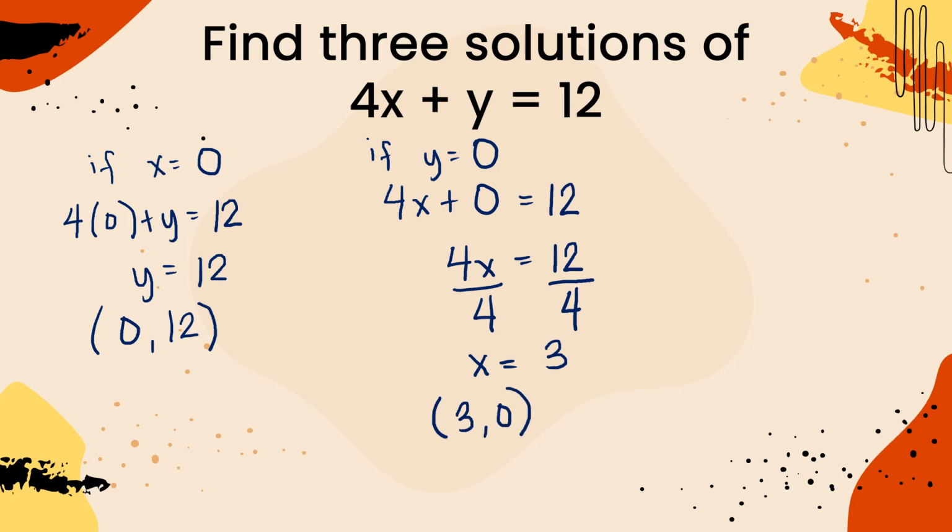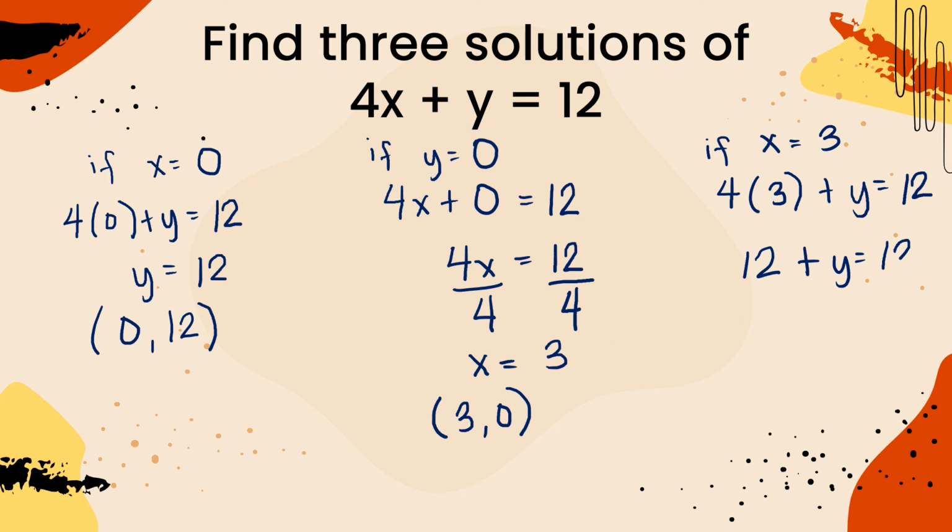Ano pa kayang value? Try natin if x is equal to 3. So if x is equal to 3, we have 4 times 3 plus y is equal to 12. So we have 4 times 3 is equal to 12 plus y is equal to 12.